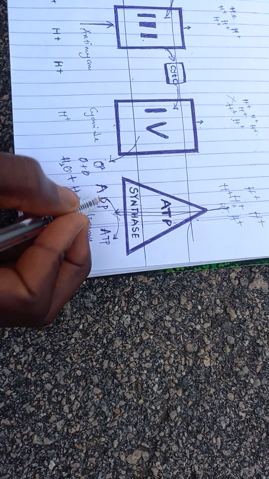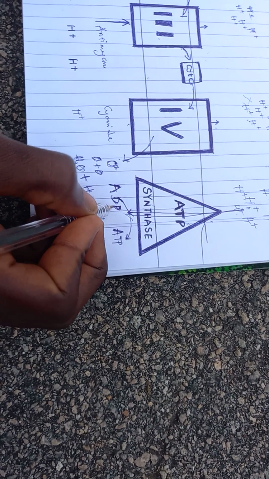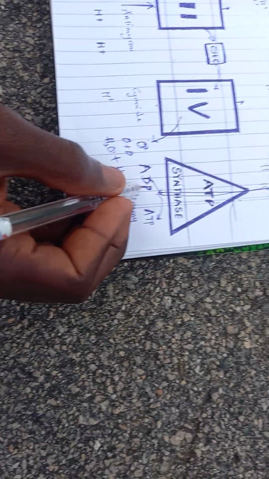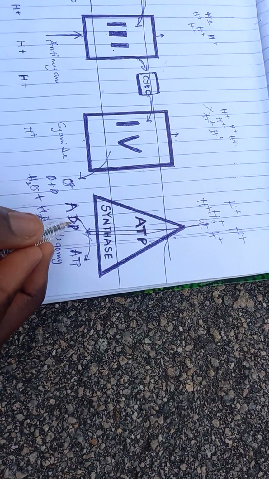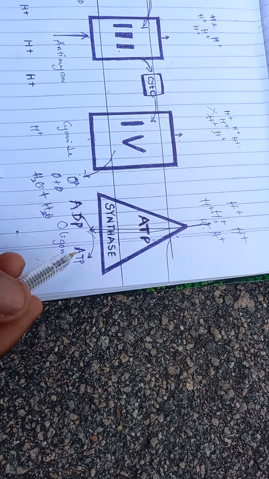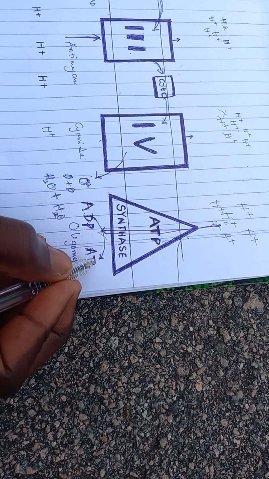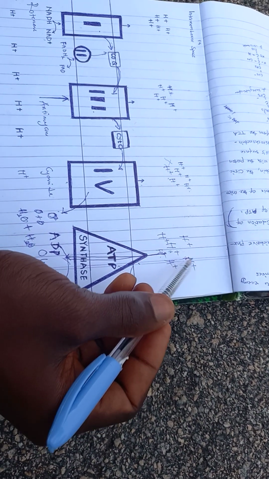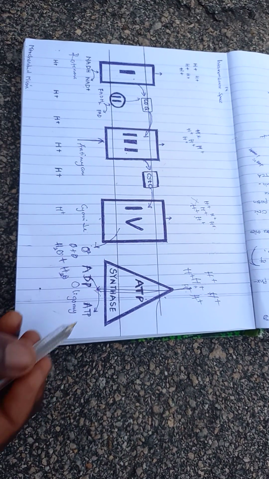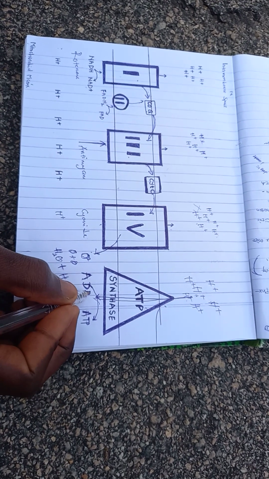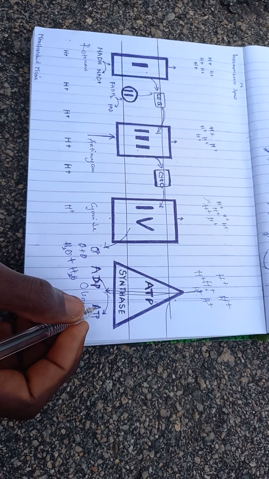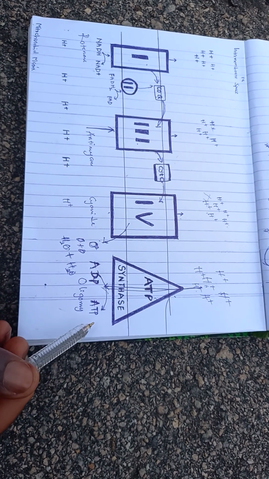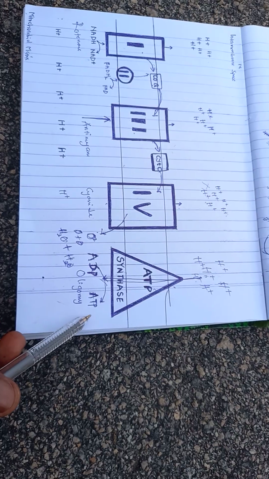Here is where ADP comes in. ADP is a kind of lesser energy source. This lesser energy source needs to be promoted to a higher energy source, which is ATP. How does this occur? When the protons move from the intermembrane space to the mitochondrial matrix, they move to the ADP, turning ADP to ATP, which is a higher energy source needed in the body for the various metabolisms going on.